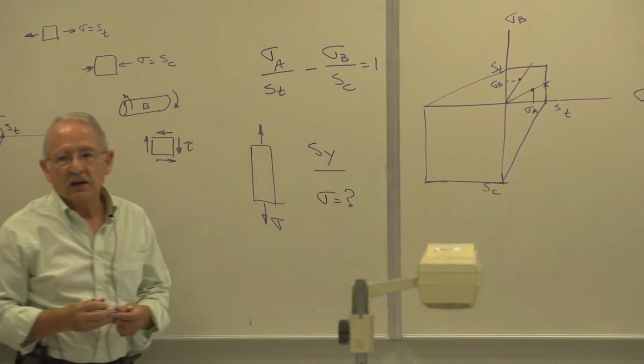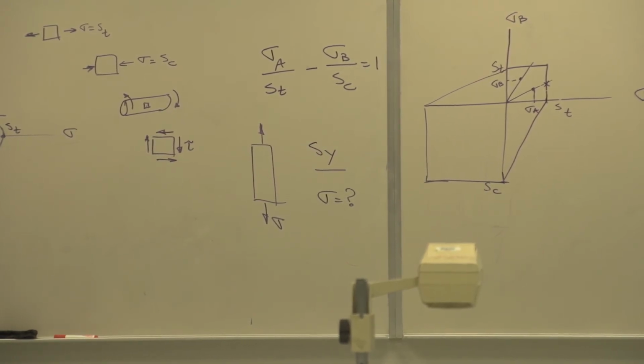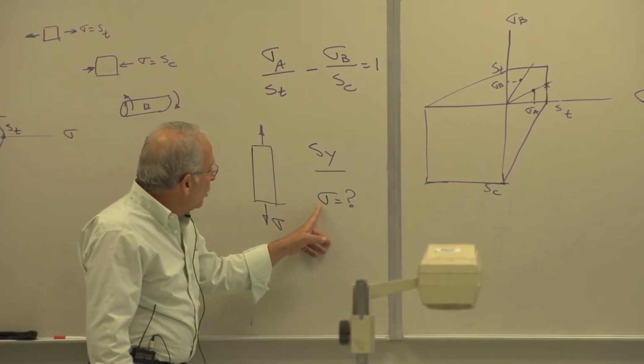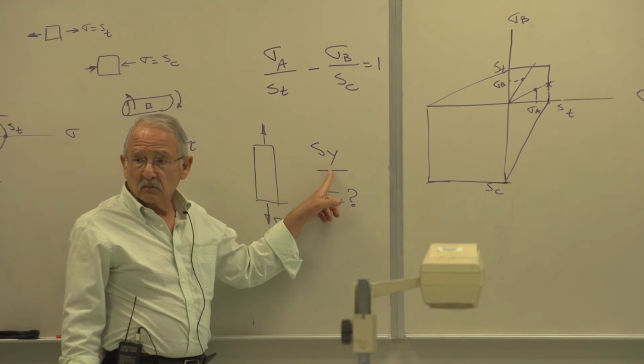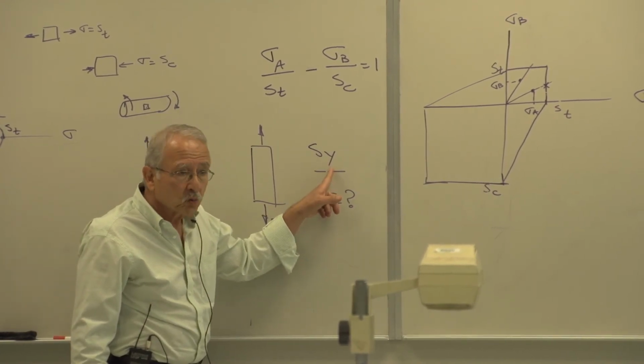What's the maximum value of sigma? Sy over 2. It's very simple. You find this by saying, well, if you need a factor of safety of 2, you shouldn't go all the way to Sy. You should go to half of Sy. In other words, you divide Sy by 2.